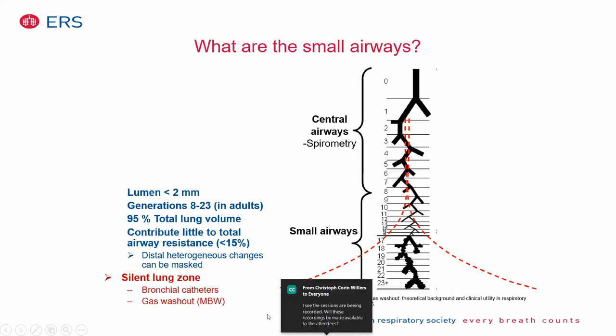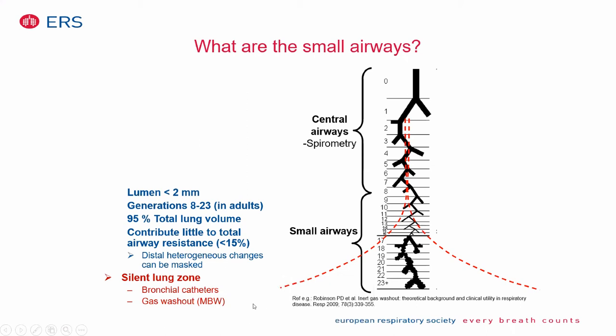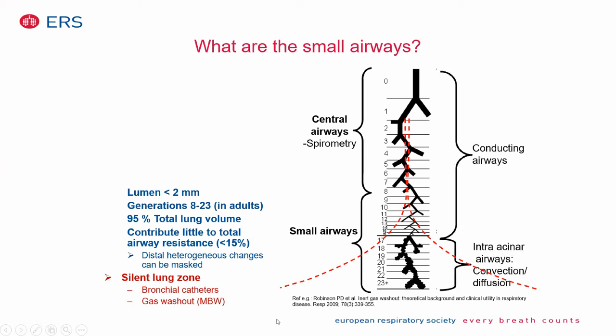That is also why they are called the silent lung zone, and in the beginning of modern respiratory physiology, this has been assessed using bronchial catheters, so a rather invasive method, and then using gas washout techniques like multiple breath washout. Now, one other term you need to know, there are conducting airways and there are the intra-acinar airways, which we have for the gas exchange. Conducting airways down to generation 17 and then the last 6 generations for gas exchange.